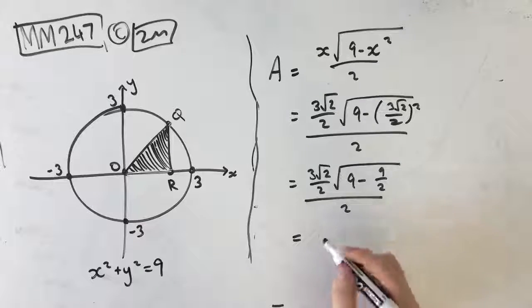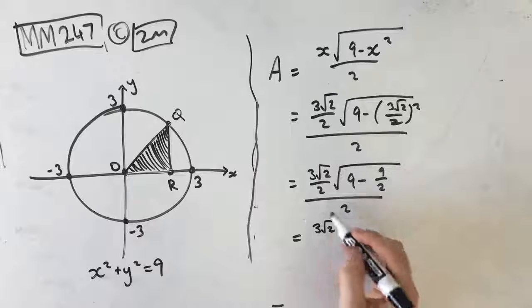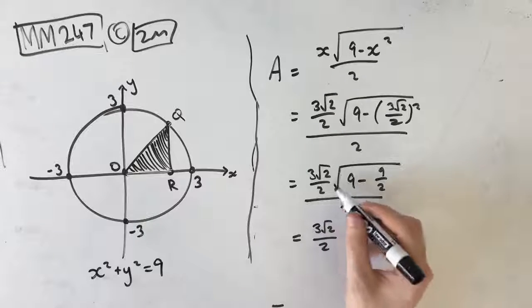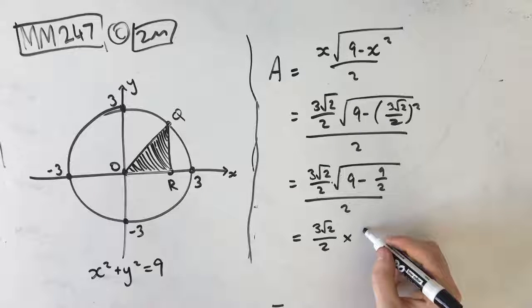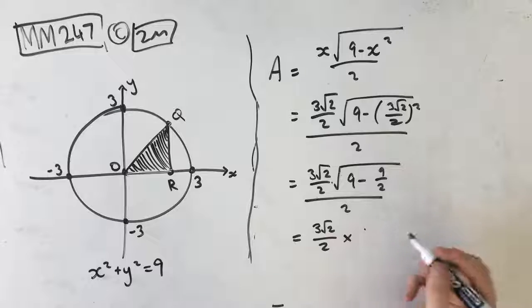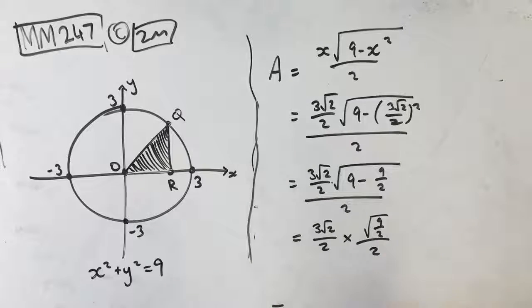What we get now is 3 root 2. I'm actually just going to split up these fractions. So 3 root 2 over 2 times this over this, right? So 9 take 9 on 2 is just 9 on 2. So square root of 9 on 2 over 2. This gives us 3 root 2 over 2 times 3 over 2 root 2.